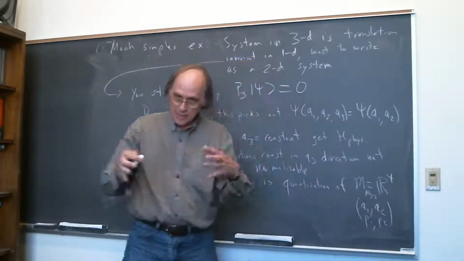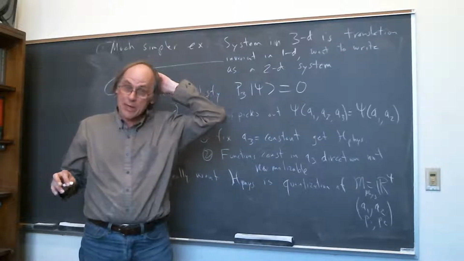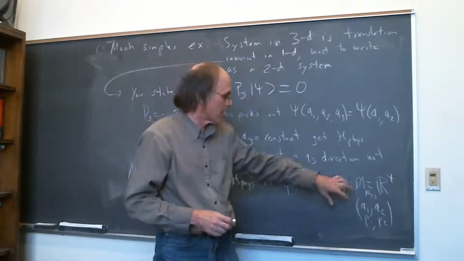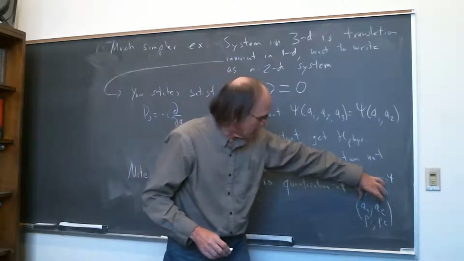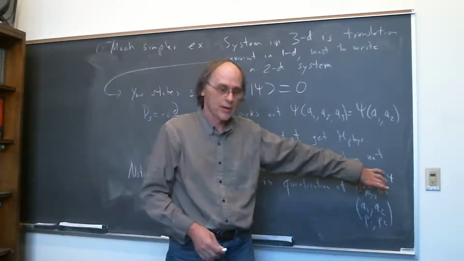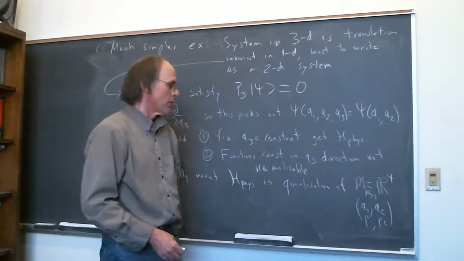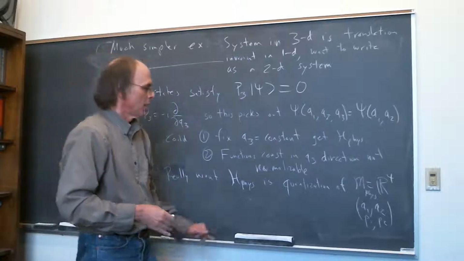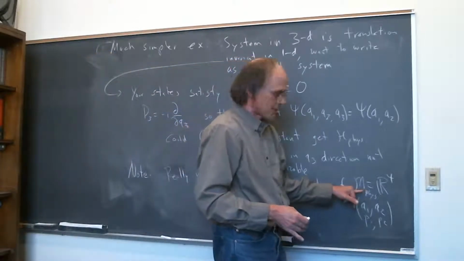So instead of taking your 6-dimensional phase space, if you want to properly quantize and get functions that just depend on Q1 and Q2 with a standard inner product, you want to cut this thing down.